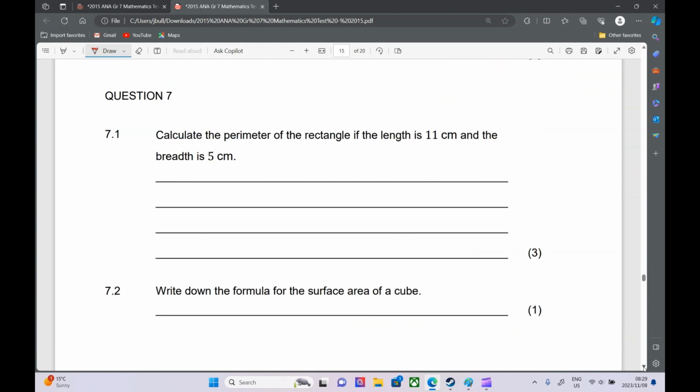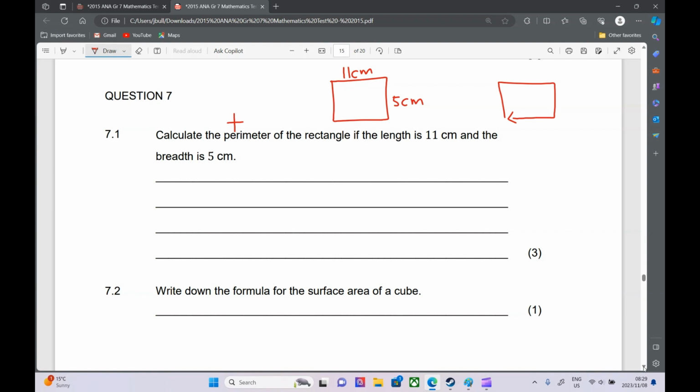Okay, calculate the perimeter of a rectangle. Let's draw our rectangle, if the length is 11 centimeters and the breadth is 5 centimeters. Perimeter, I always think of as if I was walking all the way around. I'm going to imagine I'm walking around a field and adding up all the sides.